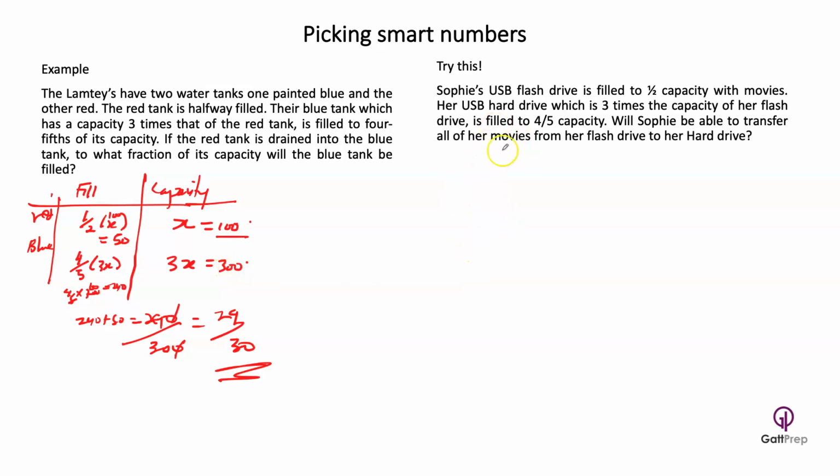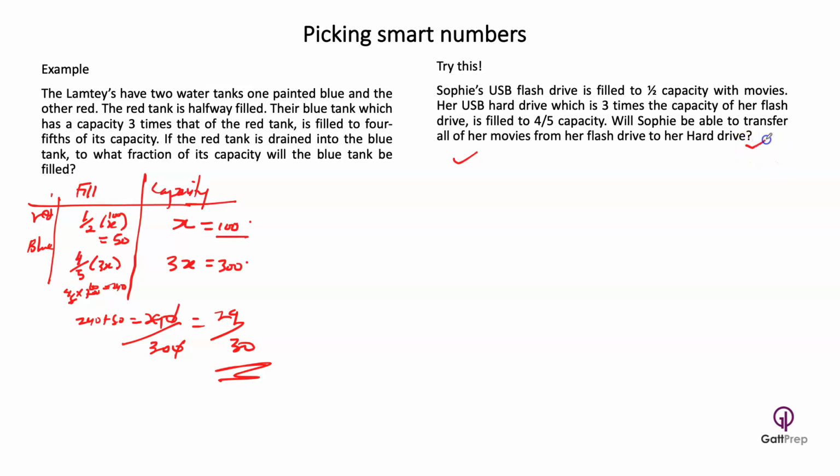Now try your hands on this particular example. It says Sophie's USB flash drive is filled to half capacity with movies. Her USB hard drive, which is 3 times the capacity of her flash drive, is filled to 4/5 capacity. Will Sophie be able to transfer all of her movies from her flash drive to her hard drive?